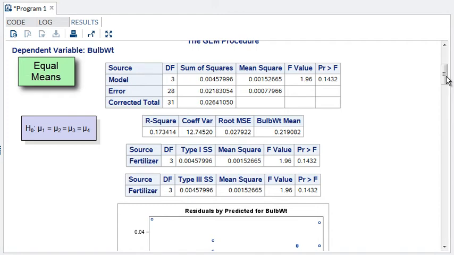At this point, it's important for you to realize that the one-way ANOVA is an omnibus test statistic and cannot tell you which specific groups are significantly different from each other, only that at least 2 groups are different. To determine which specific groups differ from each other, you need to use a post hoc test.